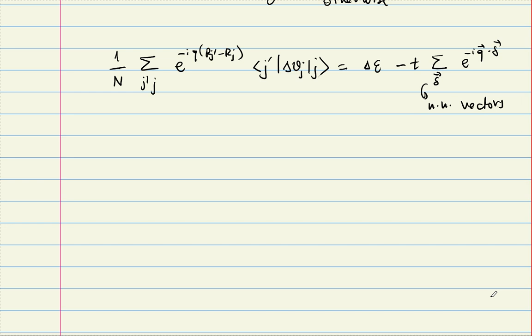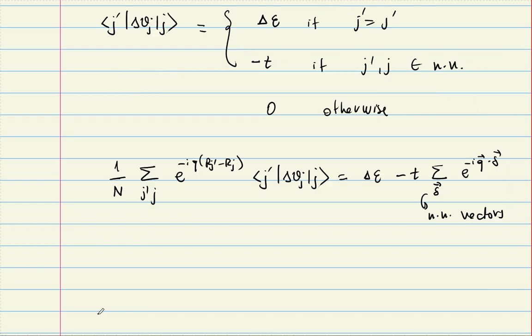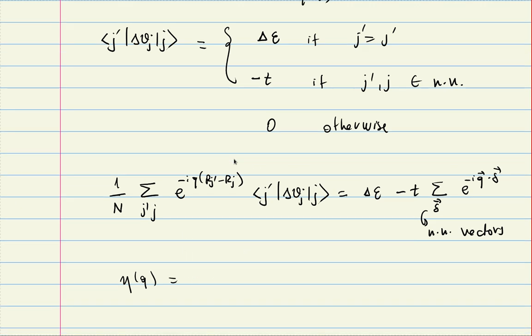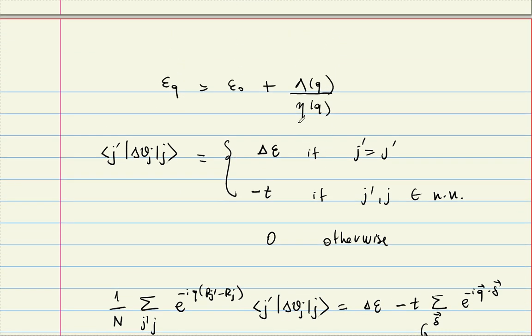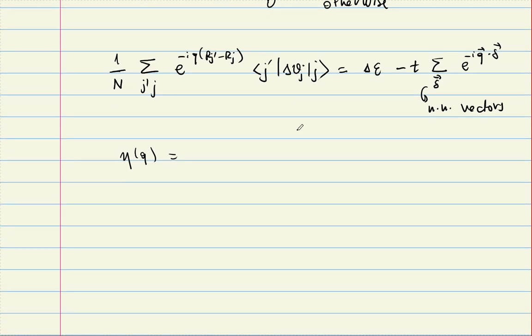A little bit of redefinition to agree with Gerwin and Young. For eta of q, we can also do this approximation with nearest neighbor tunneling. But because it's in the denominator, the tunneling will be a higher order effect. So the eta of q will be approximately 1.